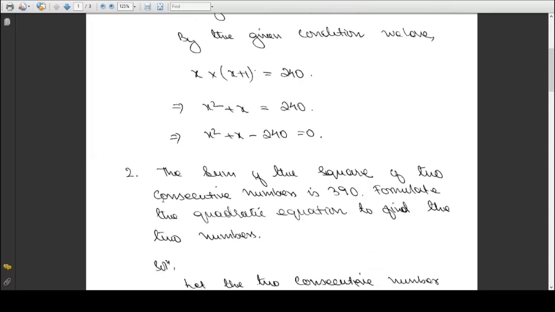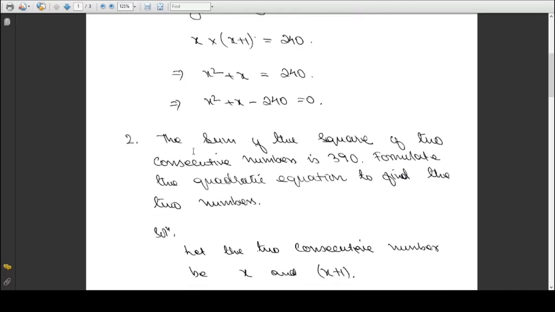The problem given is the sum of the squares of two consecutive numbers is 390. Formulate the quadratic equation to find the two numbers. Okay, let's read the question carefully. You read the question carefully until you fully understand what is being asked. The sum of the squares of two consecutive numbers.